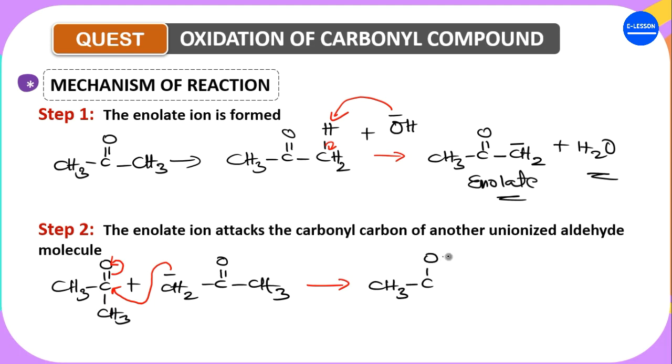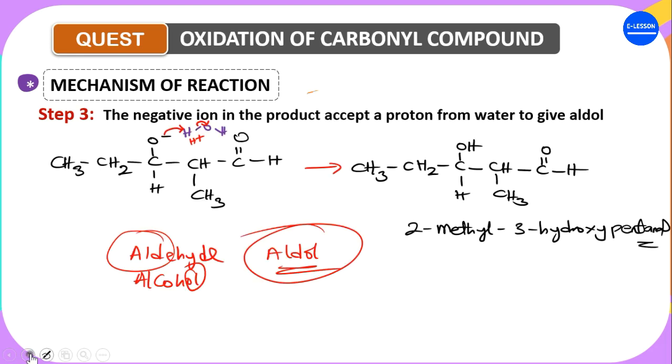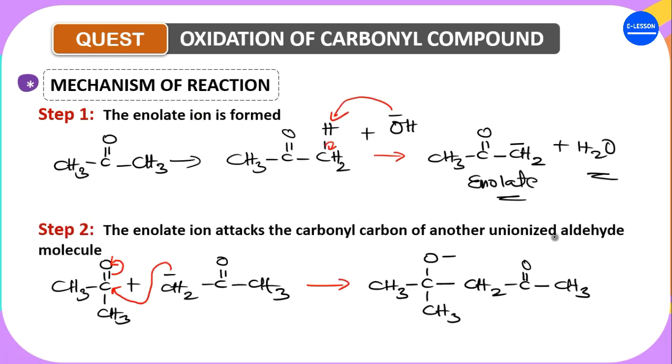CH3, here is minus, here is CH3, and then here is CH2, C double bond O, and then here is CH3. Now what do you think will happen here? There will be, not hydration, it will take hydrogen from water, right? So if you take hydrogen from water, let me just do it here.